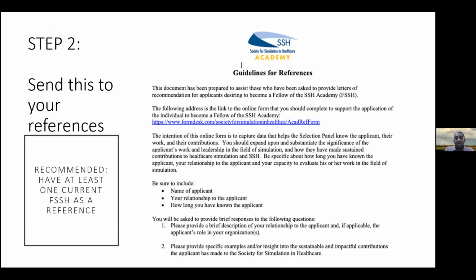And so all the references have to have the applicant's name, the relationship to the applicant, and how long they've known you. And then certainly we're going to ask two very poignant questions: examples of and insight into the sustained impact that you've made, as well as a little bit of discussion around the relationship you have with the individual and how you may or may not have worked together in previous roles and organizations.